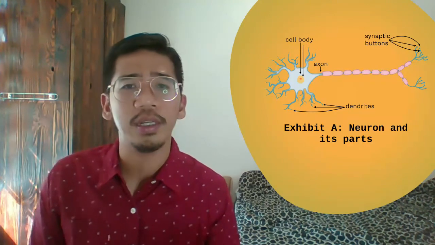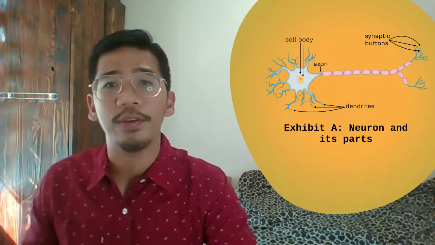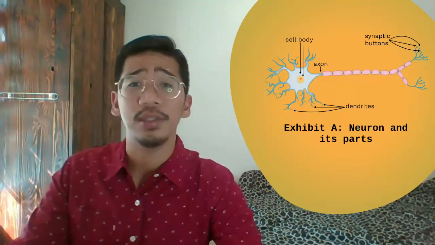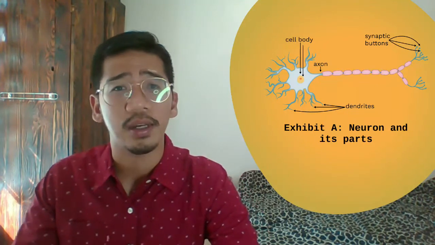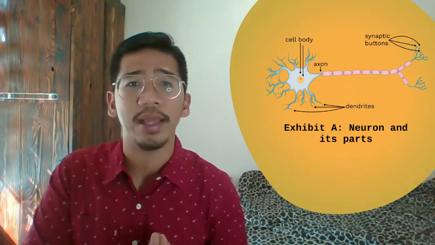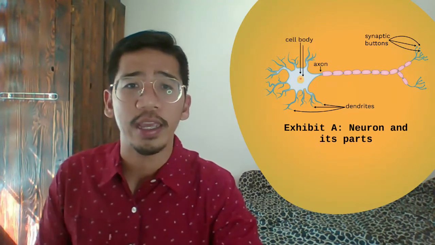But that's a relatively slow and gradual way of getting the message along. Neurons that need to send messages quickly have a different structure. Their axons are covered with white matter, which helps the message to move more quickly.